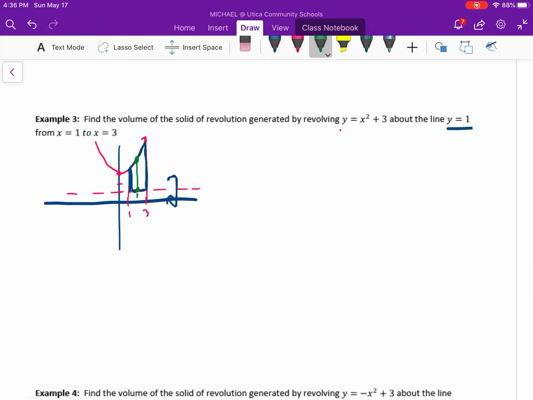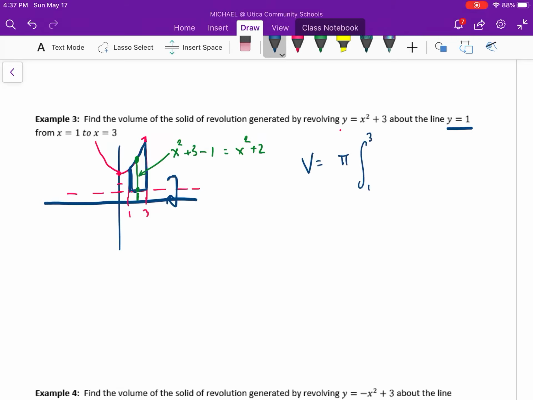So what we need to do is think about it, and it's going to be different each time, but this guy right here is actually going to be x squared plus 3, but then we're always going to subtract this distance of 1, or in other words, x squared plus 2. So that is going to be the radius of our rotation.